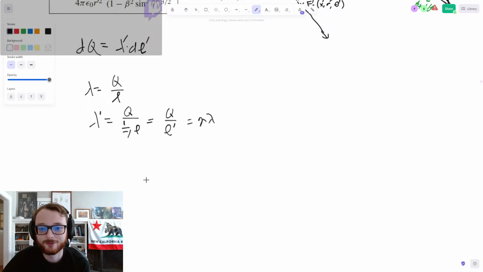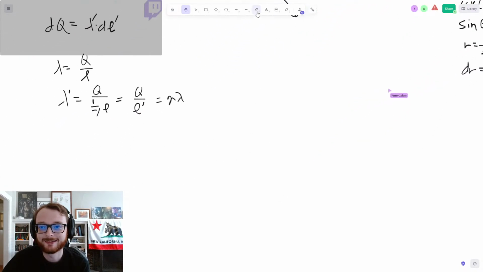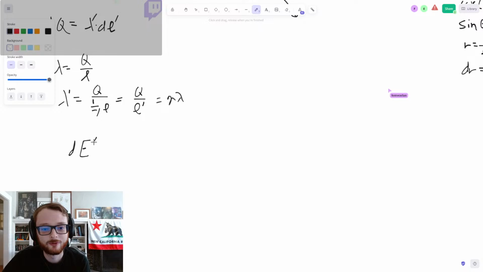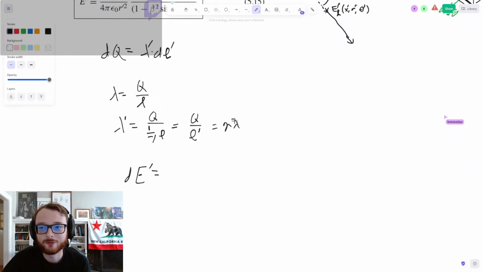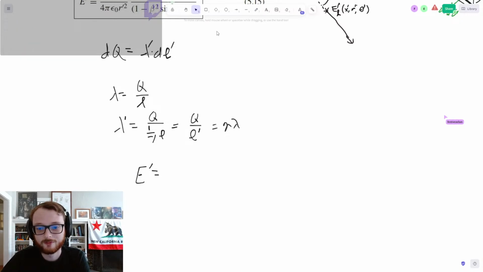So let's cross our fingers. I guess I'm going over to the left and working down below. Or after that start, I was going to write my E backwards. So what, dE prime is going to be equal to... I mean, I shouldn't write out that much detail.